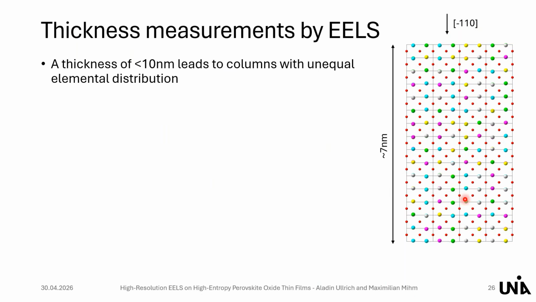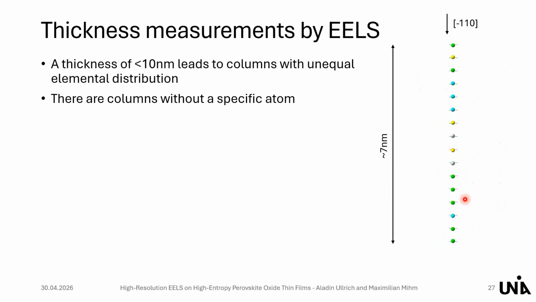When you look at, for example, one specific column, you see here that the pink atom is absent and the green one dominates. So that means for this column, when the beam is here, you would expect that one atom is missing and the green one is dominating, and the others are also present, but maybe not dominating.